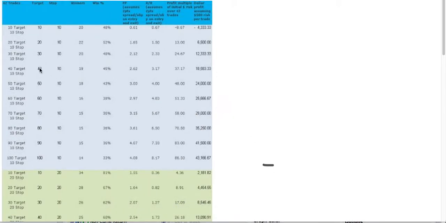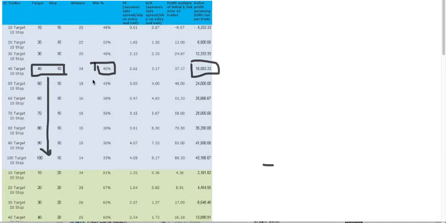the interesting thing to me was this was his 4-to-1 risk to reward back testing, which generated £18,500 of profit, and had a 45% win rate. And the interesting thing to me was he went from 4-to-1, he went all the way up to 10-to-1.